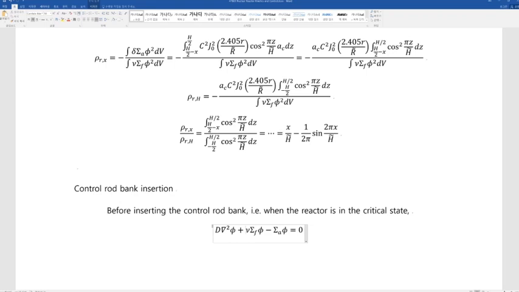The first term is the leakage term, the second one is the fission neutron term, and the third one is the absorption term. If they are well balanced, then we get a steady state solution for phi. The steady state solution means that the reactor neutron flux will not change. In that case, we have a steady state constant reactor power. So that is the case of a critical reactor.